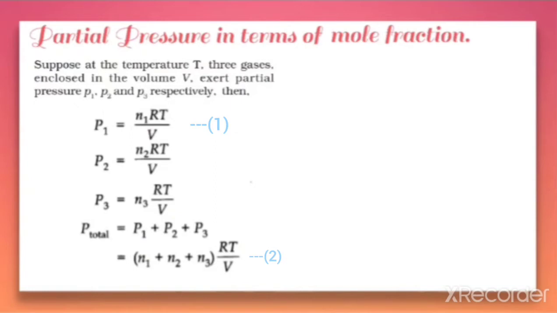Now we have to derive a relationship between the partial pressure and the mole fraction, so that we are going to do. Now equation 1 is divided by equation 2.